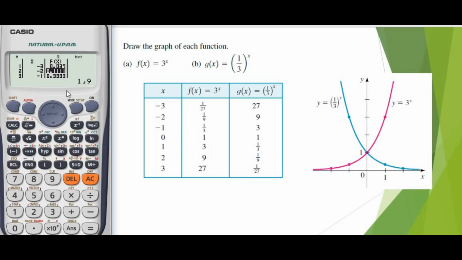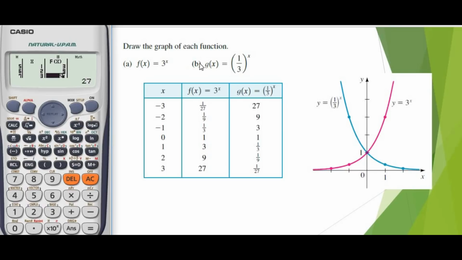Next, when x equals -1, f of x is 1/3. So that is how we get the value. Next, when x equals 1, we have a value of 3. When x equals 2, the value is equal to 9, and when x equals 3, the value is 27 for f of x.